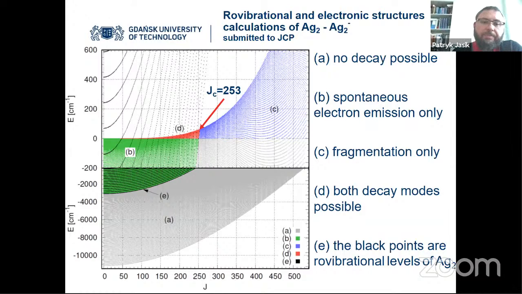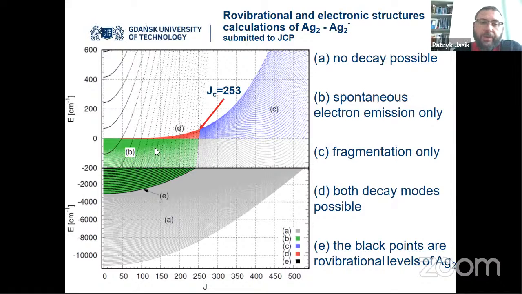silver anion dimer. And here you've got the very small red part, which corresponds to the part for which we can observe two possible paths of decay. One is fragmentation, and another one is spontaneous electron emission.